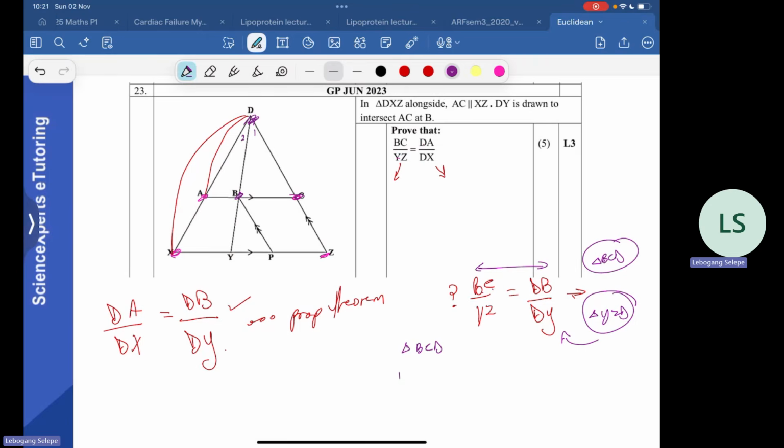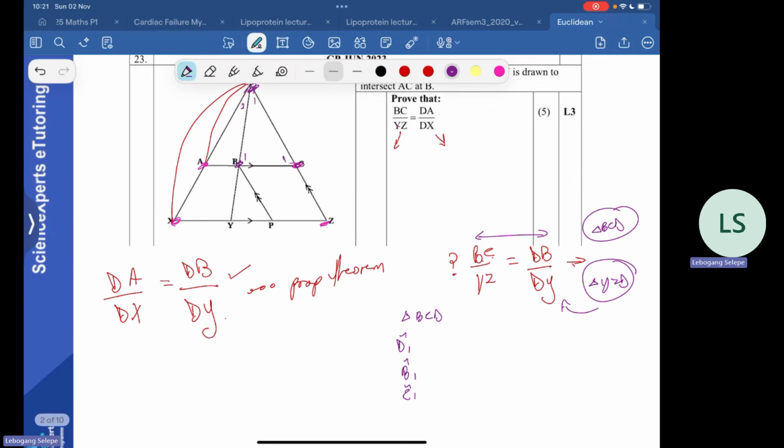You can see that there's D1 in this triangle, and here we can call this angle B1. There's also C1 in the triangle. Remember, we are showing this on our diagram on our answer sheet, so the marker would actually see that we named it B1 and like that.